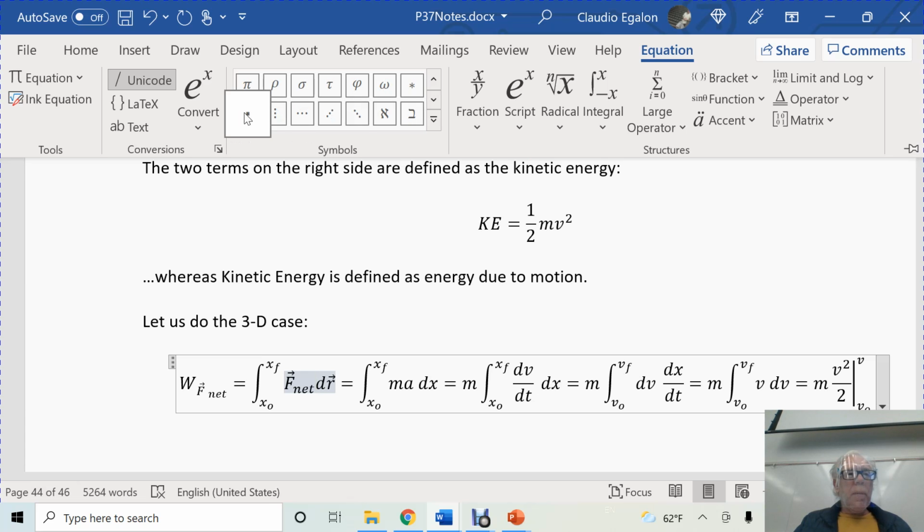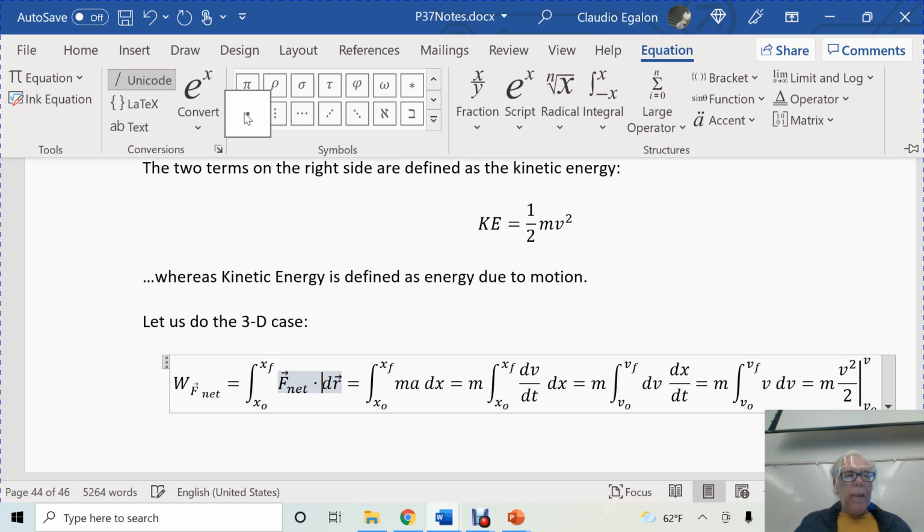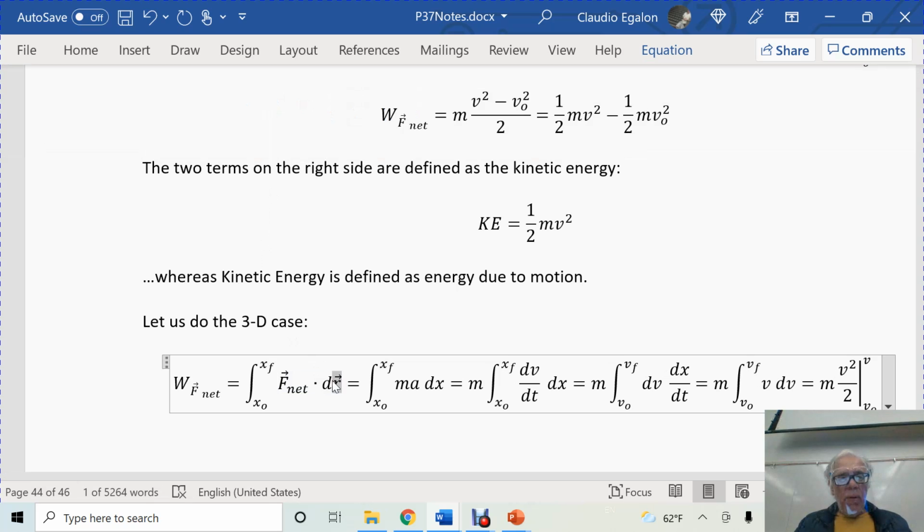Here you go. But now, because we're integrating over the position vector, we have to apply the limits in terms of a vector.